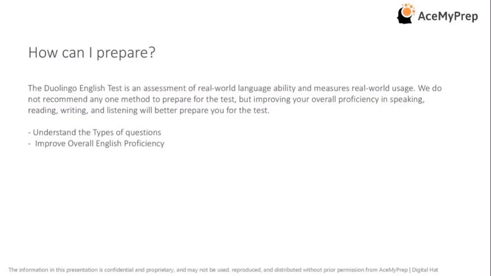So one thing is the Duolingo test is actually testing your real ability to communicate, your real ability of word usage, vocabulary, right? So it's not a method that you can crack with some tricks, but instead you have to overall improve your proficiency. You have to get better at English, lay a basic foundation, and that is all it is going to need, right?